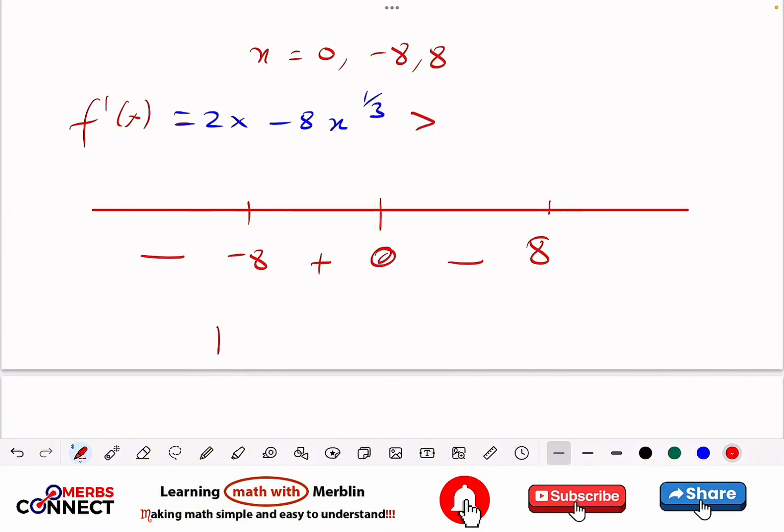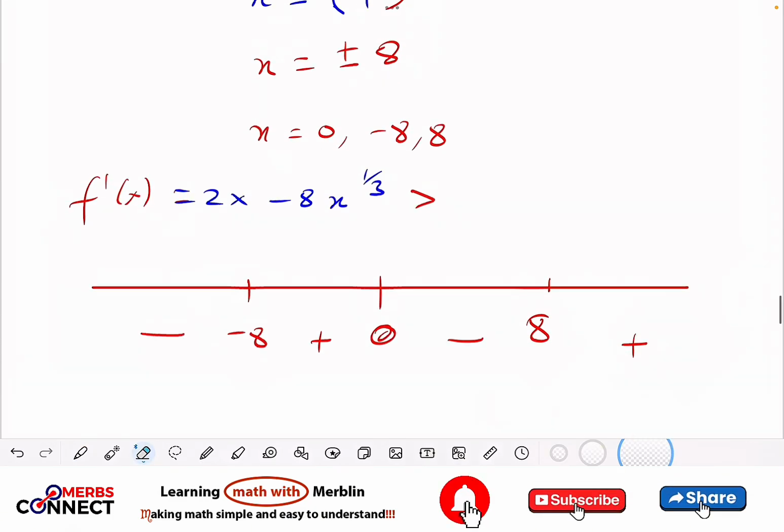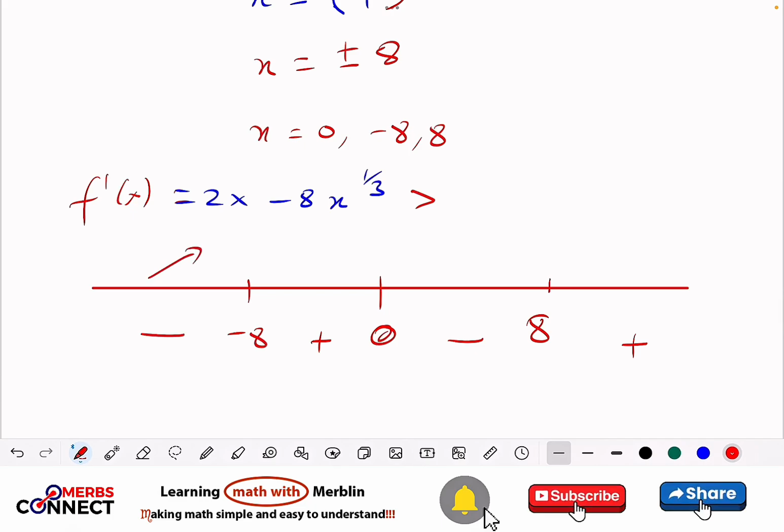This is going to be 18, and 8 times the cube root of 9 is going to be 16, so this is also going to be positive. Now let's check where we can see up and down. It's supposed to be down, up, down, and up.